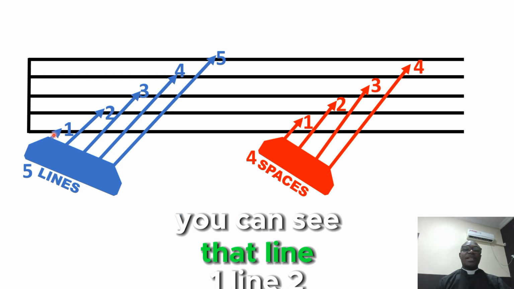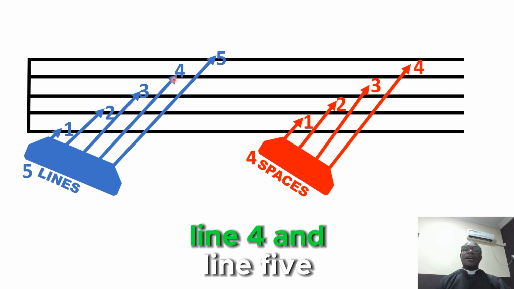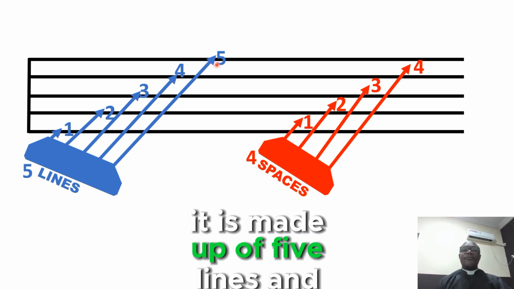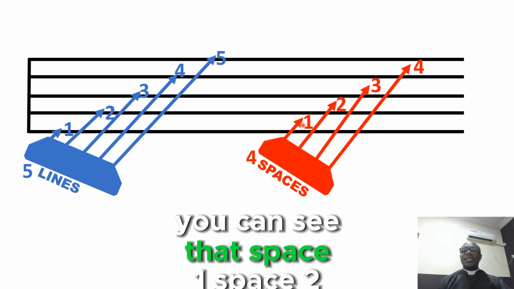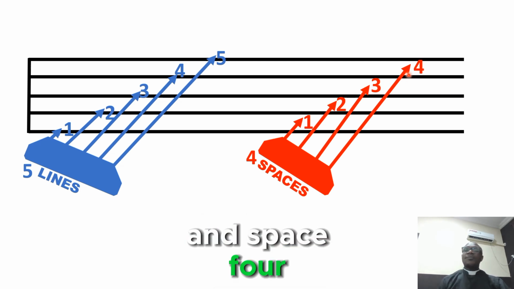You can see line 1, line 2, line 3, line 4, and line 5. It is made up of 5 lines and then 4 spaces. You can see space 1, space 2, space 3, and space 4.